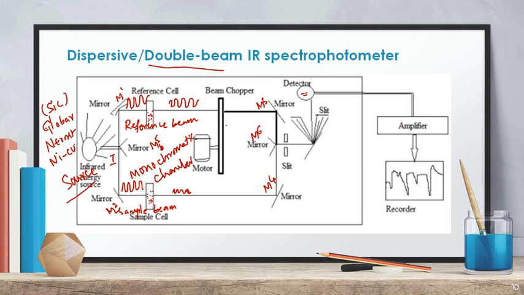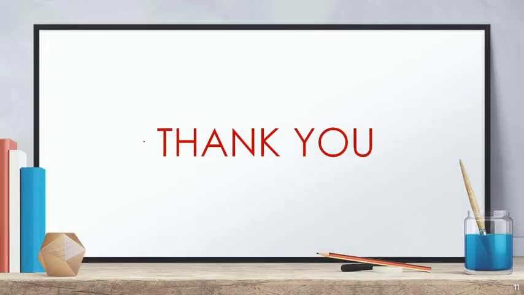The technique we use here is dispersion, so that's why it is called a dispersive IR spectrophotometer or double beam IR spectrophotometer. So this is the information about the IR spectrophotometer by the dispersive technique. The next technique is the Fourier transform IR spectrophotometer.